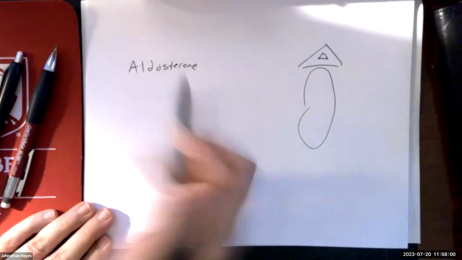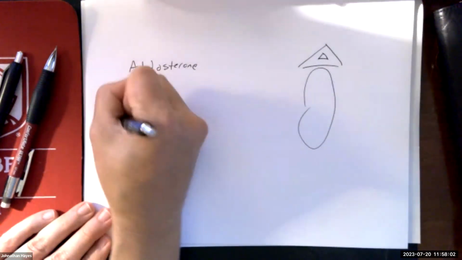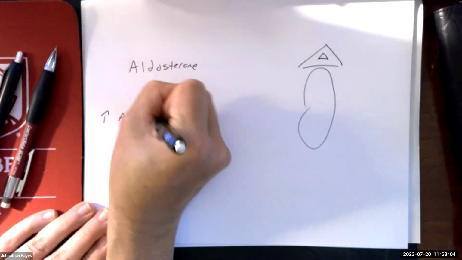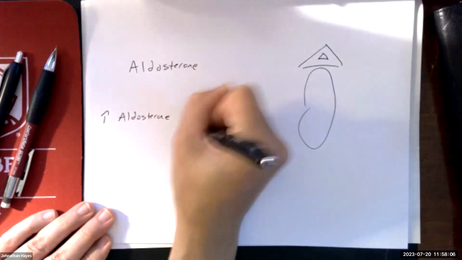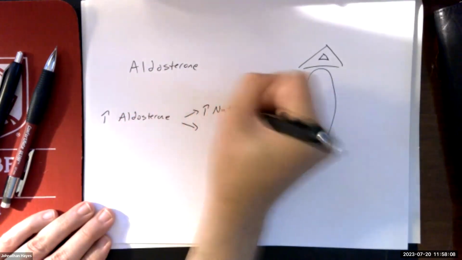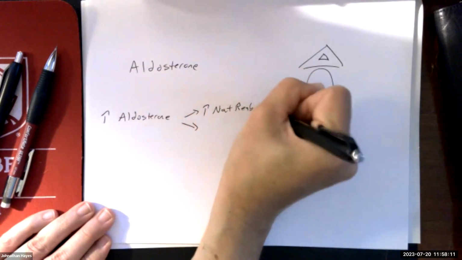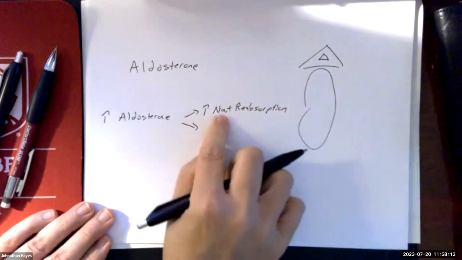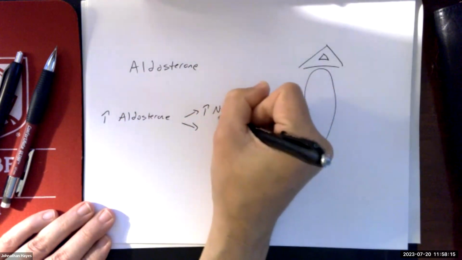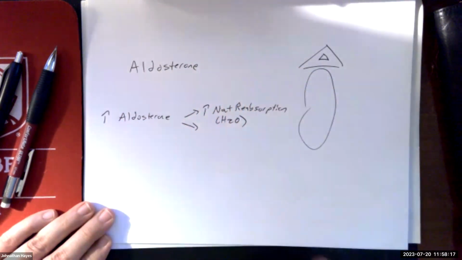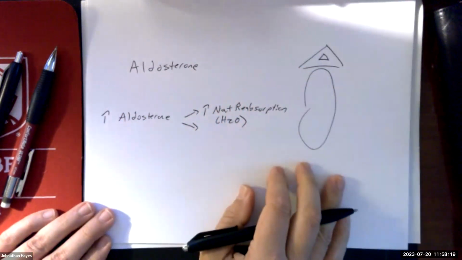Because in the presence of aldosterone, if we increase our aldosterone production, that will increase my sodium reabsorption rates. And because water likes sodium best, that's also going to allow us to reabsorb water at a higher rate. I can show you a picture of how that happens in a minute if you want.